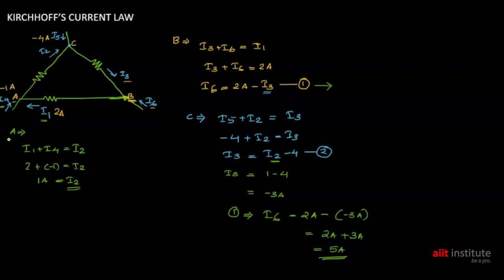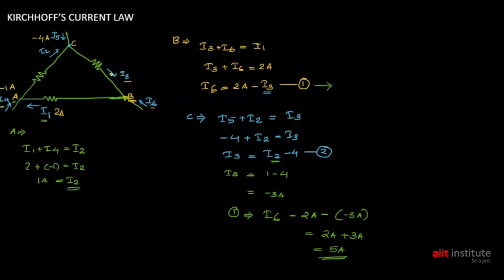In this way, by using KCL, you can find the current in any circuit. KCL helps to ensure that the current is distributed appropriately in a circuit. By applying KCL at each node, the designer can identify how much current flows through different branches of the circuit.